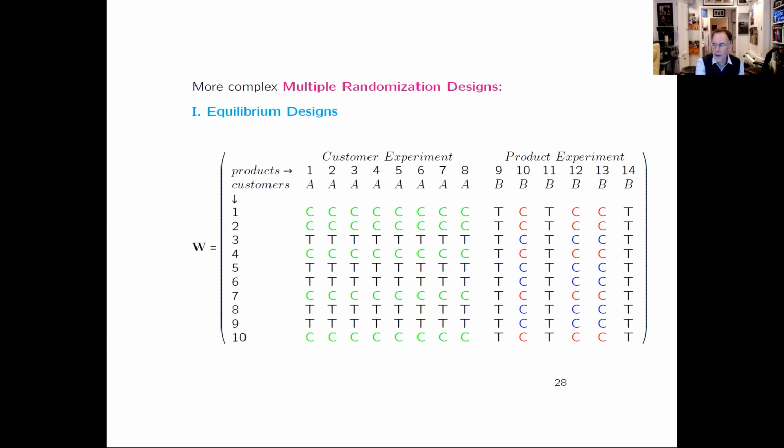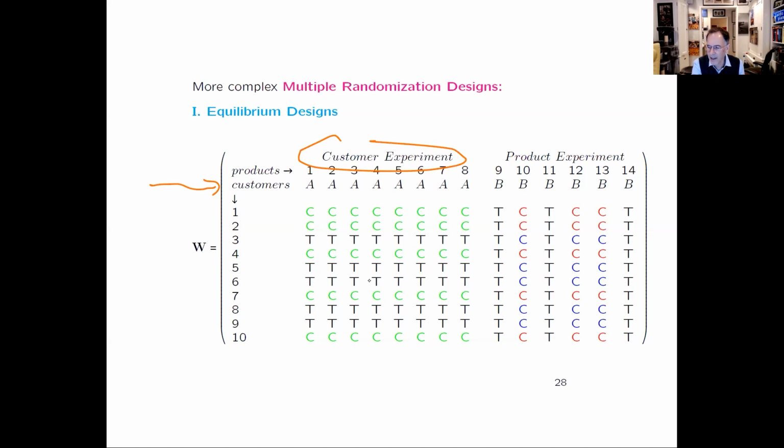And so what we do here is a two-stage randomization, where first we assign the customers to two groups, here labeled A and B. And then within the set of customers assigned to the A group, we do a customer experiment. We re-randomize the customers.